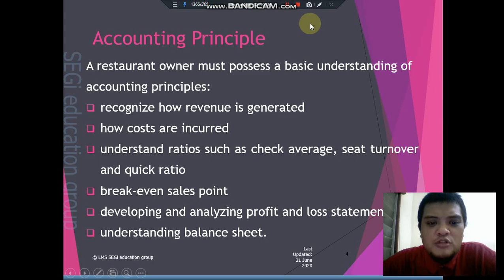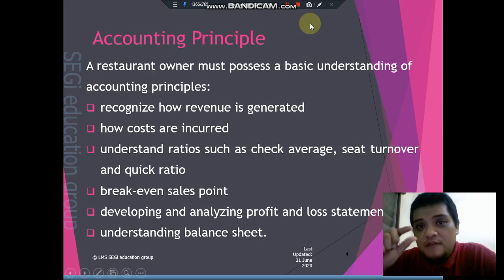Next, you should know the ratios such as check average. Check average means how much is the average amount spent by the customer. It means the average spending of customers. Sometimes you have a lot of customers in your restaurant, but the average amount among the customers is very small, and it will lead to not really good sales for the restaurant.